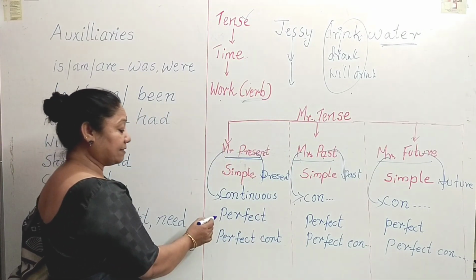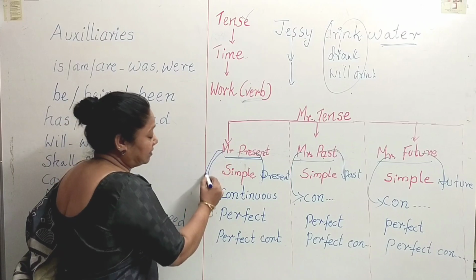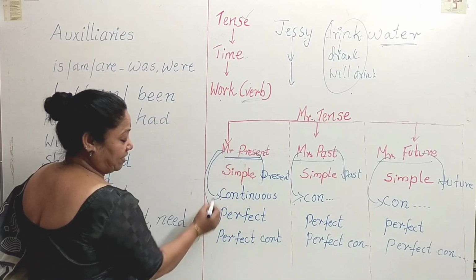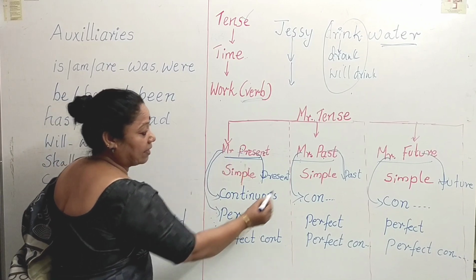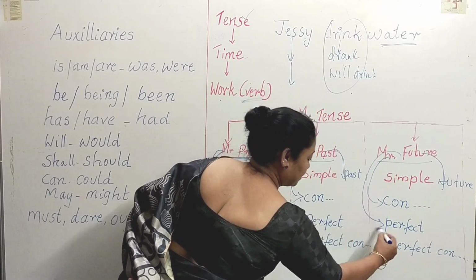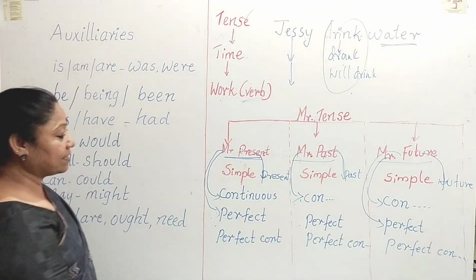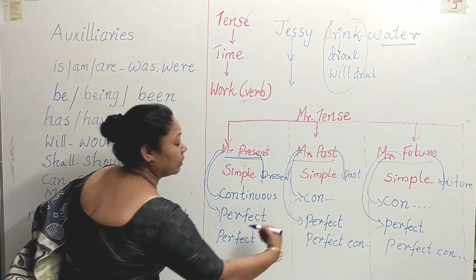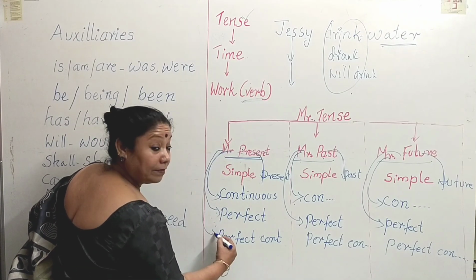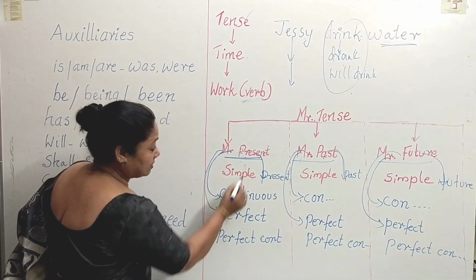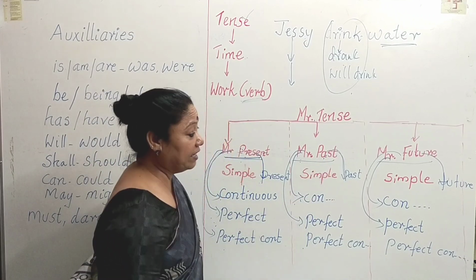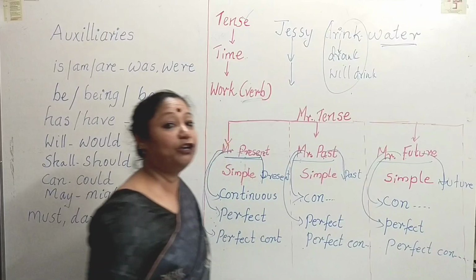And the third sons, Perfect, too have taken the same model, that is Present Perfect, with father's name behind, Past Perfect, Future Perfect. And the fourth sons also did the same thing, with father's name behind: Present Perfect Continuous, Past Perfect Continuous and Future Perfect Continuous.